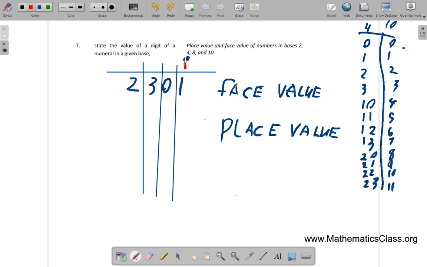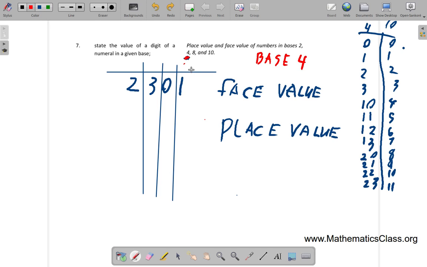This would be 10. This would be 100. This would be 1000. In other words, 10 to the 0 is 1, 10 to the 1 is 10, 10 to the power of 2 is 100, 10 to the power of 3 is 1000. But we're not dealing with base 10 now, we're dealing with base 4.